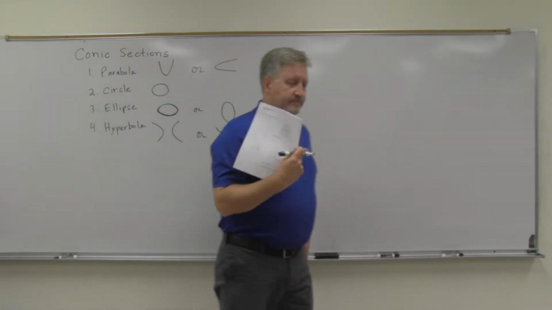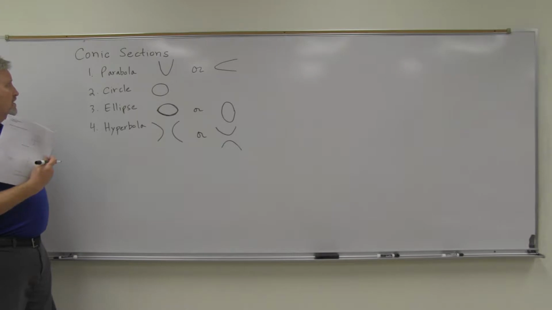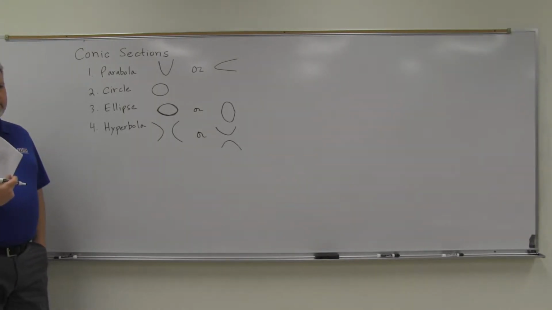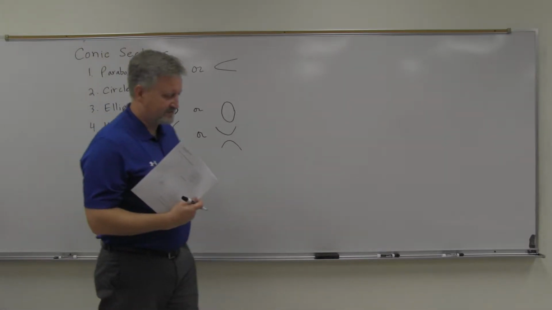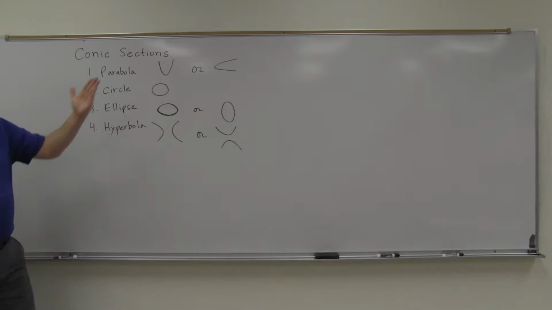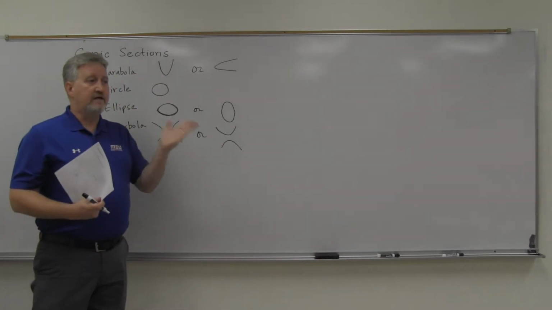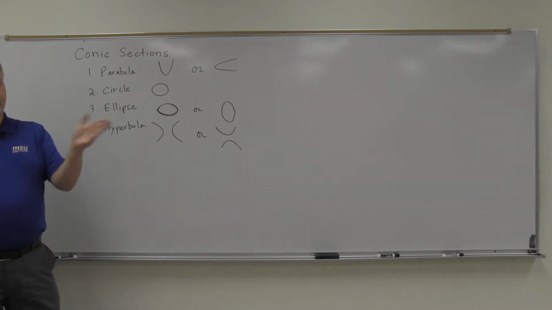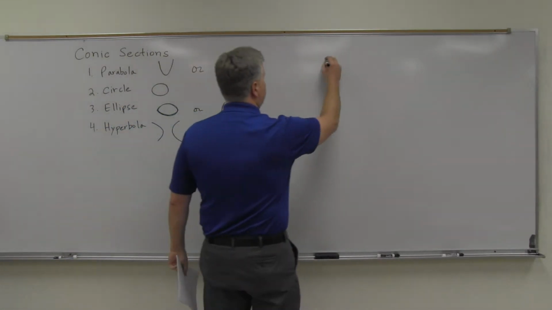Now, let's talk about the equations. What equations generate these is really the goal, the question we're asking ourselves here. Well, we already know the parabola, one of them anyway. We know the up or down parabola. That's y equals x squared, or shifted, vertex shifted and all that.